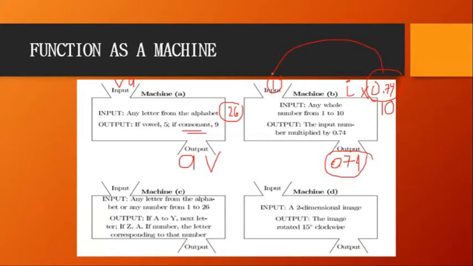Tama? Kung ang input natin is 2, so mumultiply lang natin yan. 2 times 0.74, that is 1.48. Tama? So, ibig sabihin, nag-iisa lang din talaga yung y natin. Yung 2 na x natin ay para lang sa 1.48. Okay? Baka may magtanong, ma'am, yung outputs natin naging dalawa.